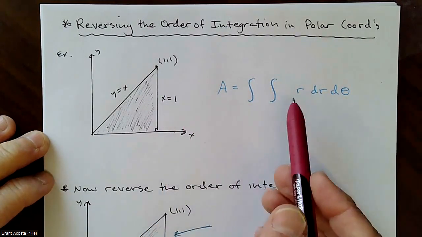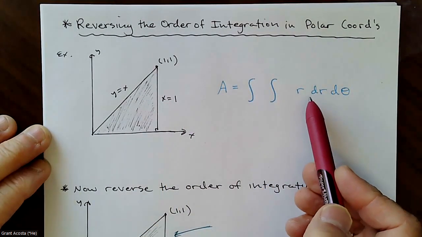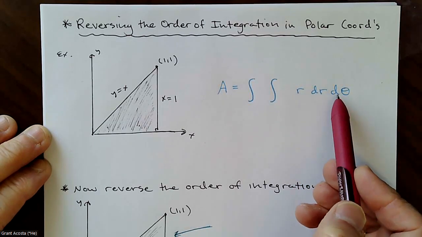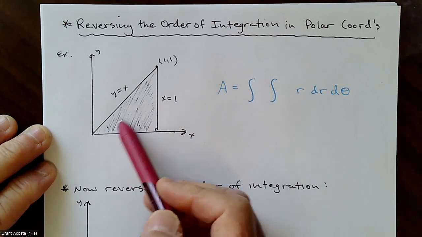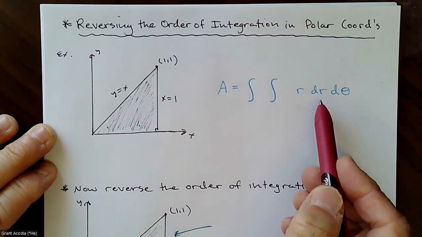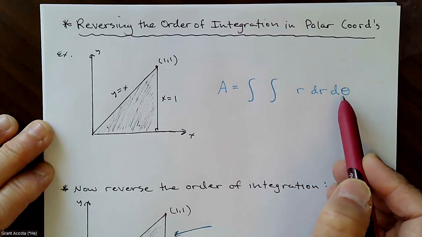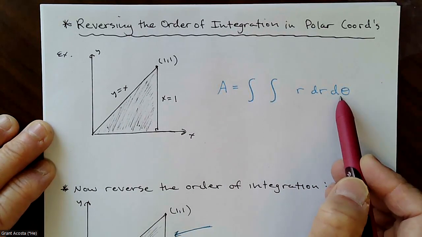Let's first talk about the common orientation with polar coordinates, which is dr first and then d theta. So we're going to describe this region, this right triangle, in terms of polar coordinates. Here's the way to think about this. Another way to think about orientation, and this works for rectangular coordinates as well: take the last variable.